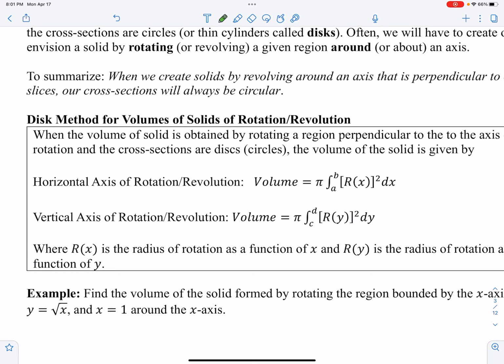So you're integrating from a to b, where a and b are x values, and then your radius of rotation, r of x, is a function of x. So you're coming up with a rule in terms of x and integrating with respect to x. And then if the axis of rotation is vertical, so like the y-axis or x equals some constant, then you end up taking horizontal slices and integrating with respect to y.